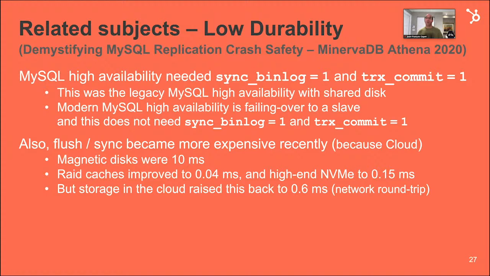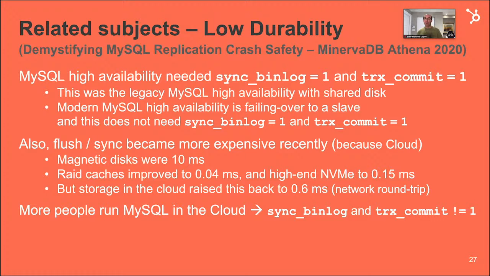Also, flushing to disk improved in the past. Magnetic disks were 10 milliseconds. We had RAID caches that were very fast and good SSDs that were also fast, like 0.04 millisecond and 0.15 millisecond to put data persistently on disk. But the cloud came, and in the cloud, putting something reliably on disk is a network round trip. It takes 0.6 millisecond.